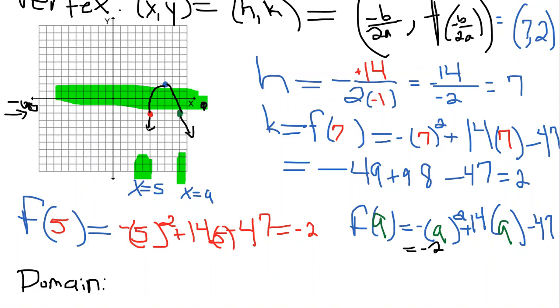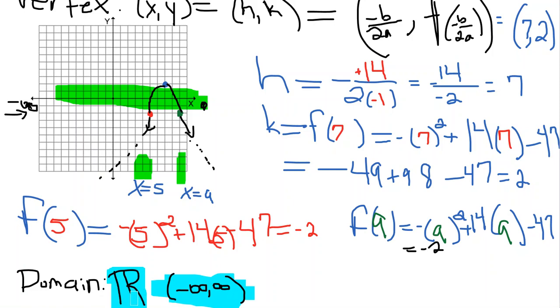I see this arrow continuously going out and this arrow continuously going out on both ends. So that tells me it's going to hit every one of the x values. So it's all real numbers for my domain, which is negative infinity to infinity. This is interval notation, and this is just a notation saying all real numbers.